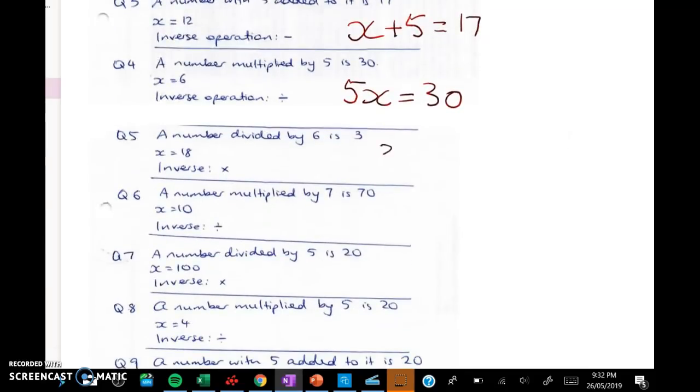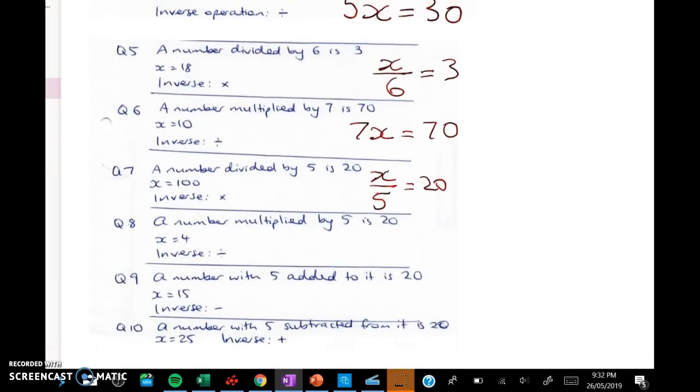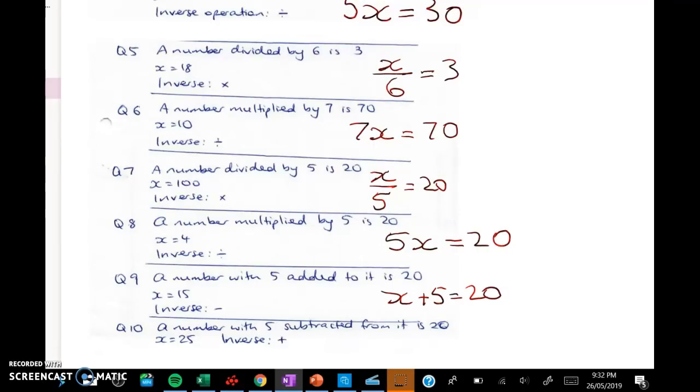Moving on, we get x divided by 6 equals 3 for this equation. 7 times x, 7x equals 70 was question 6. x divided by 5 equals 20. 5 times x, 5x equals 20. x plus 5 equals 20. And x take away 5 equals 20.